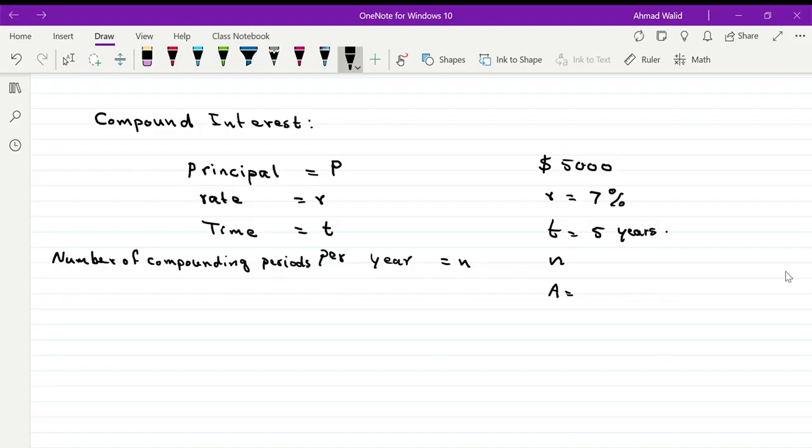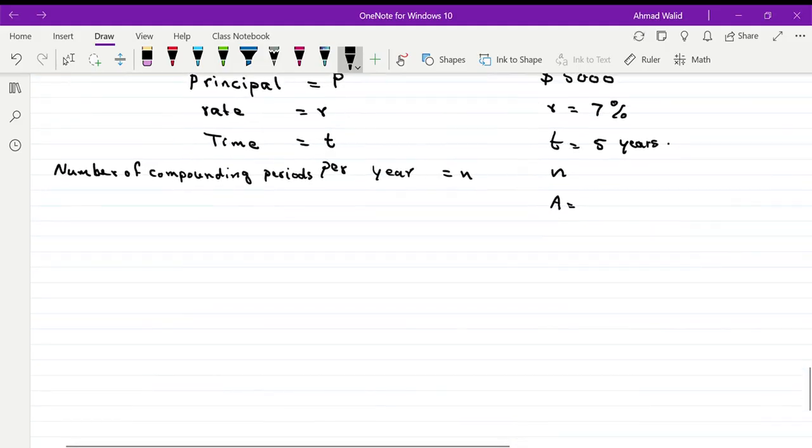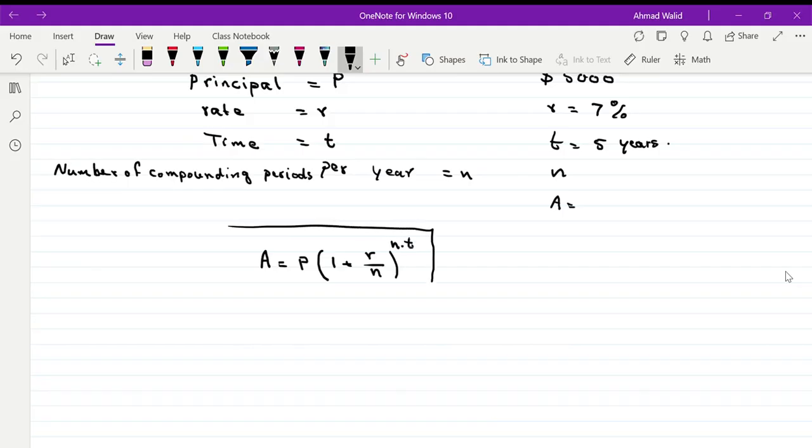And the main formula that you are using now in this topic is A equals P times (1 plus R over N) to the power of N times T. We call this formula the compound interest formula.